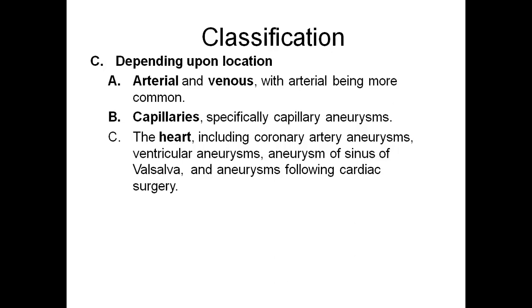So the location includes coronary artery aneurysm, ventricular aneurysm, aneurysm of the sinus of Valsalva, and aneurysm following cardiac surgery, which are usually the types of aneurysm found. So this classification is based on the location of the aneurysm.